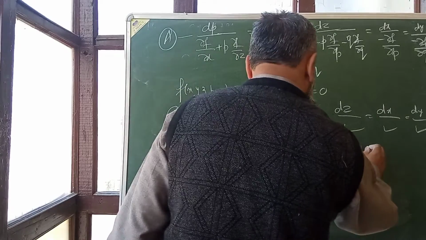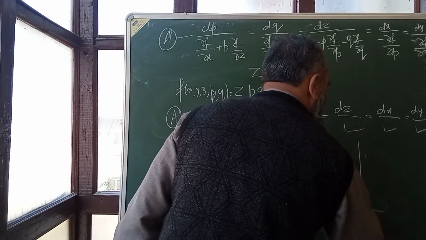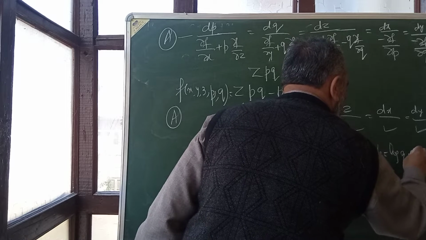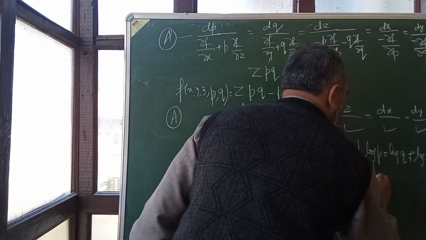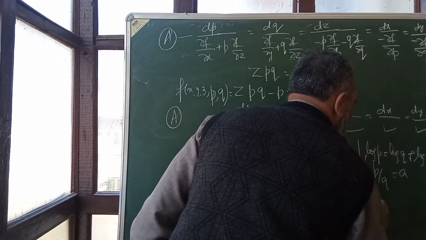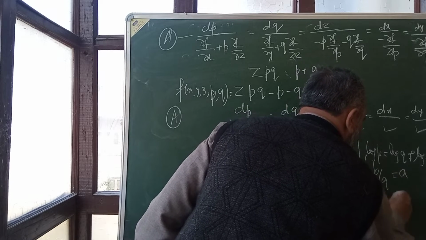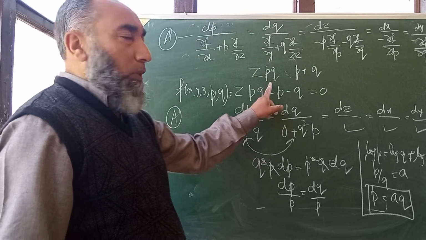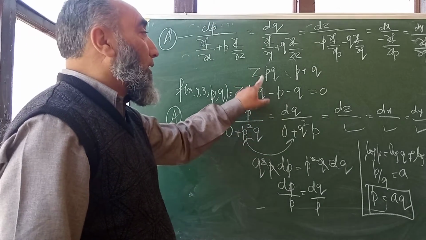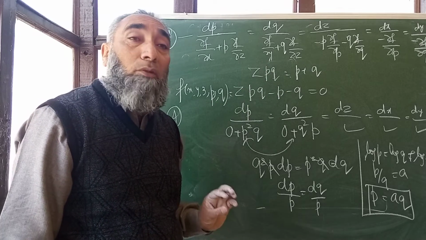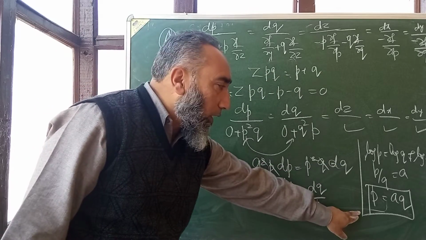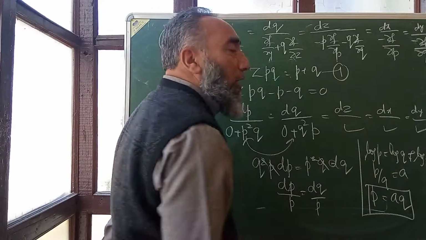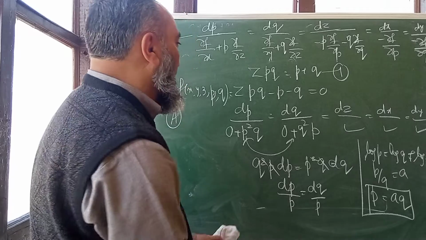You will have log p equals log q plus log a. So p by q equal a. So p equal aq, or you can have q equal to ap. See, when I had zpq equal 0, I was taking q equal to ap. So when q is equal to ap or p equal to aq, I can substitute it in 1, find p and use the formula. Okay.